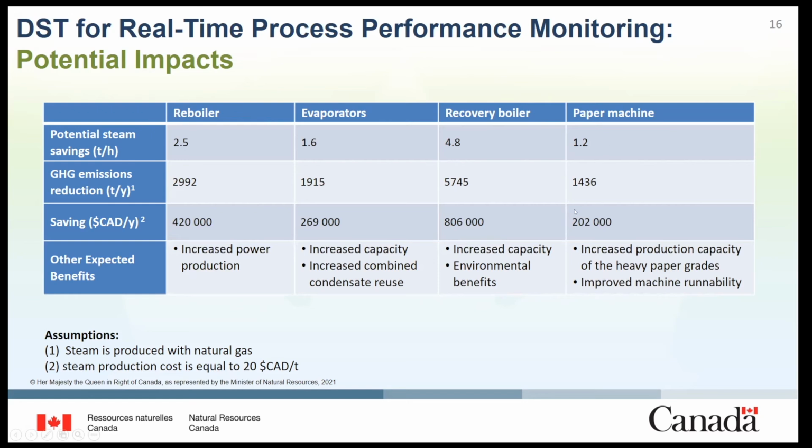So the savings are around $200,000 for the paper machine and around $800 for the recovery boiler. But besides the energy savings, we have other benefits. For example, the increased capacity of the studied systems and the reduction of the environmental impacts in the case of the recovery boiler.